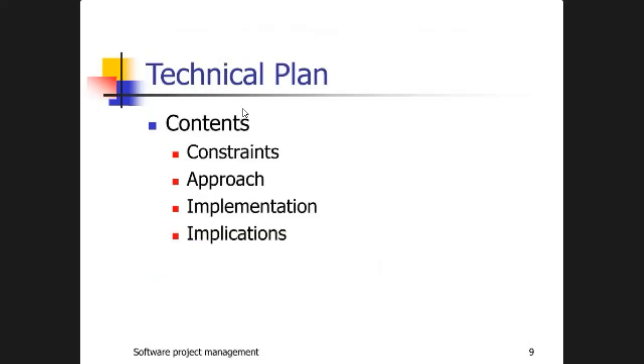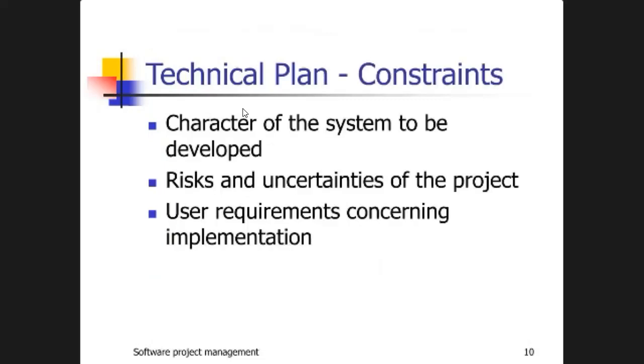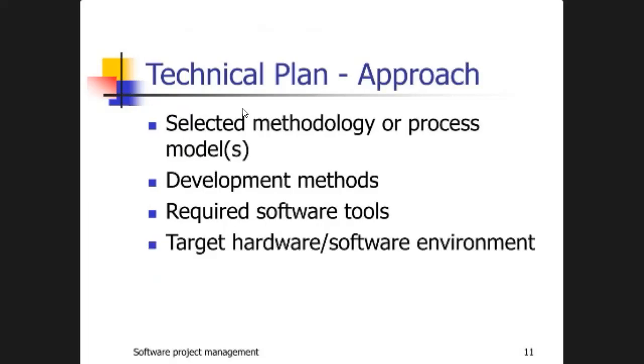The technical plan is contents, constraints, approach, implementation, and implications. The plan constraints are the character of the system to be developed, risk and uncertainties of the project, user requirements concerning implementation.